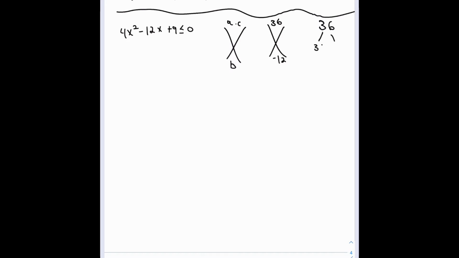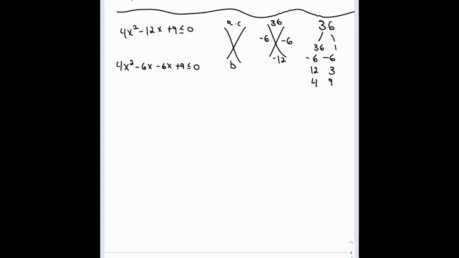We get 36 and 1, 6 and 6, that sounds promising, 12 and 3, and 4 and 9. The only one that works is 6 and 6, and they both have to be negative, so that's what we get here, minus 6, minus 6. So we can rewrite this as 4x squared minus 6x minus 6x plus 9 is less than or equal to 0.